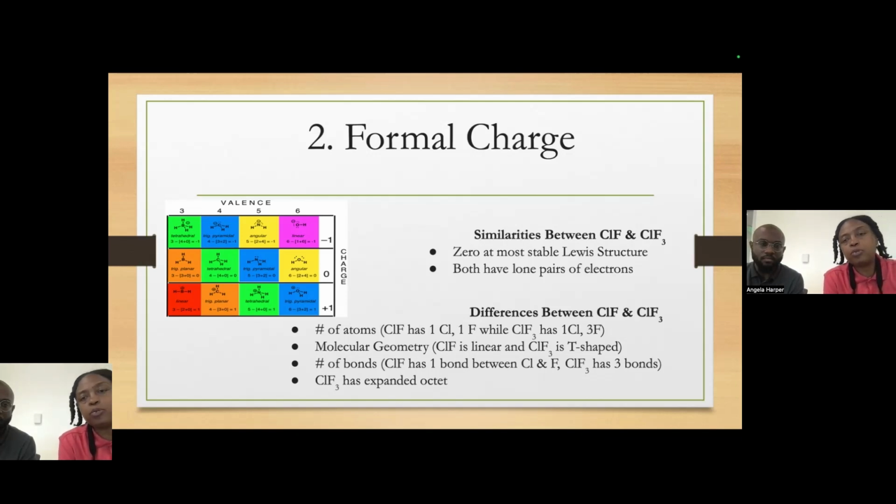The similarities between chlorine monofluoride and chlorine trifluoride are that they both possess a zero formal charge in their most stable Lewis structure, and that they both have lone pairs of electrons. The difference between the two is the number of atoms. Chlorine monofluoride has just one bond between fluorine and chlorine, whereas chlorine trifluoride has three.